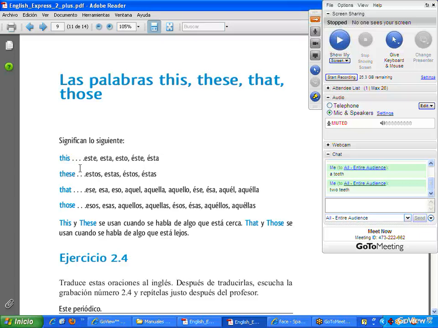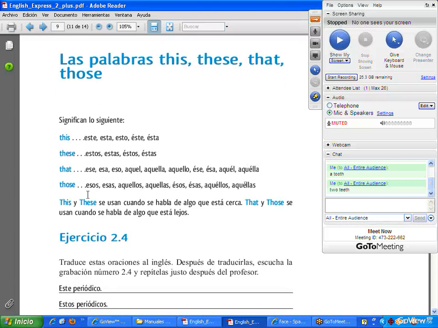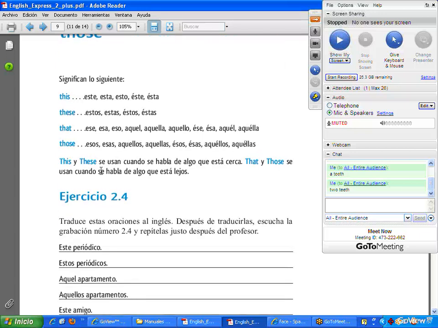This and these we use when something is cerca, when it's close. We say near. Near. In English, near. Okay, shall I write that? When something is near, we use this and these.